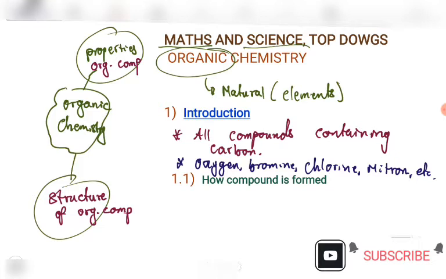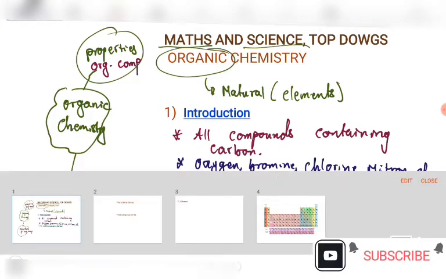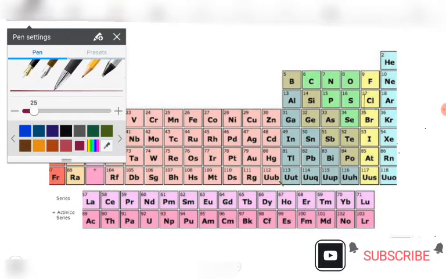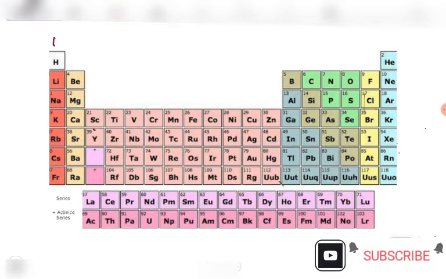So how is a compound formed? Now I'm going to show you. This is a periodic table as you know it. All the elements found in these columns are in the first group, second group, third group, up to the eighth group.